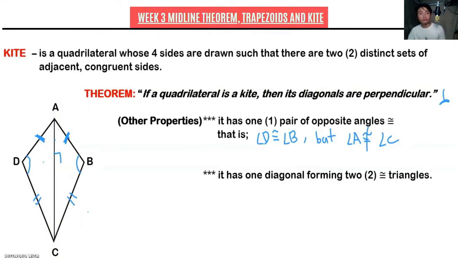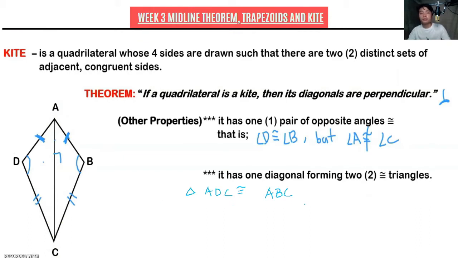So, may dyan sa pangalawa naman na yan, mabubuo ba natin yung two congruent triangle? So, yes. Ano yung triangle na mabubuo natin ngayon? That is triangle, triangle what? Triangle ADC is congruent to triangle, kabila naman, ABC. So, dalawa lang yung mabubuo nating triangle.